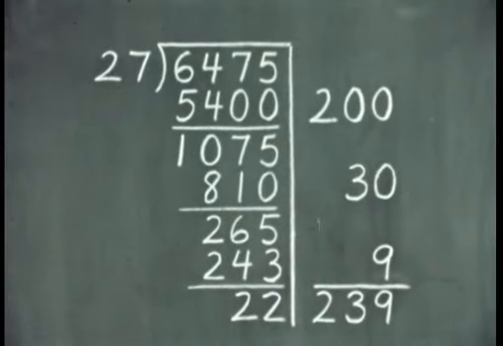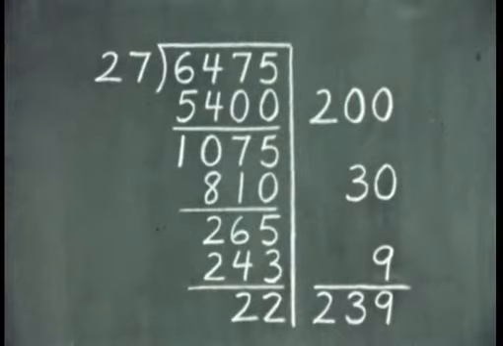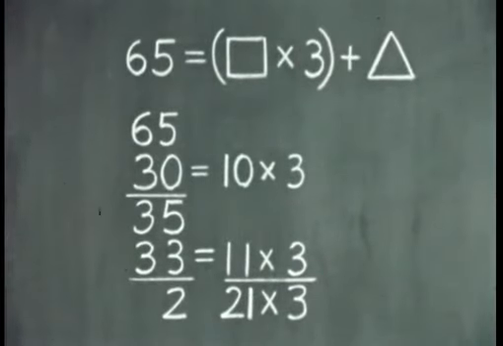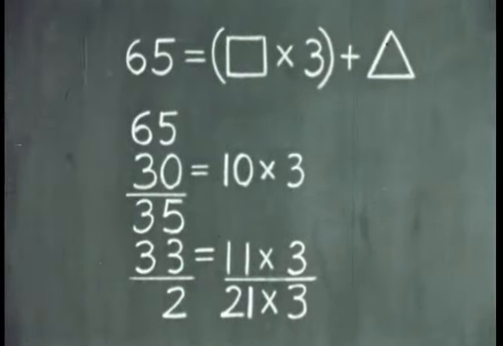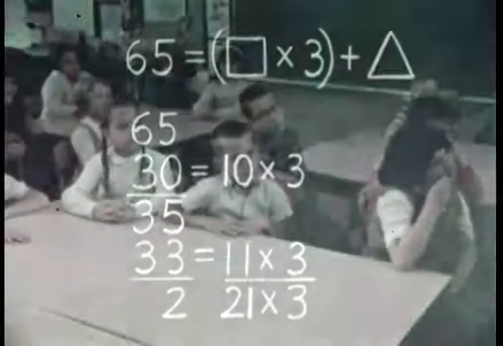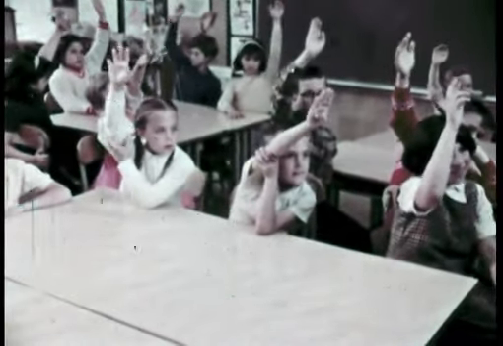Adding the partial quotients is justified by the distributive property. Third, equations of this type, in which a quotient and a remainder are to be determined, can serve as the basis for developing an algorithm. The algorithm is designed to find a remainder which is less than the divisor. And fourth, the algorithm the child uses should be one he understands thoroughly.